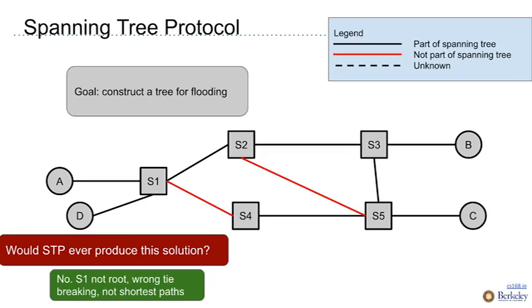Okay, we're actually going to run the algorithm. So I don't remember off the top of my head which one would be different, but it seems we at least agree spanning tree protocol would not produce this. And we have some understanding of why.